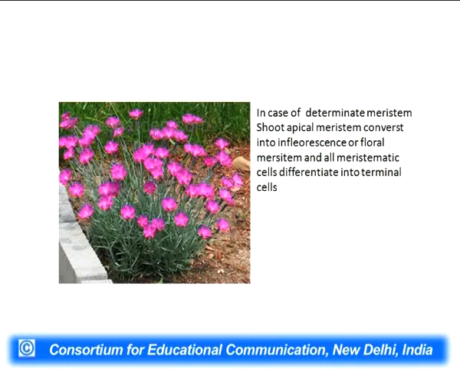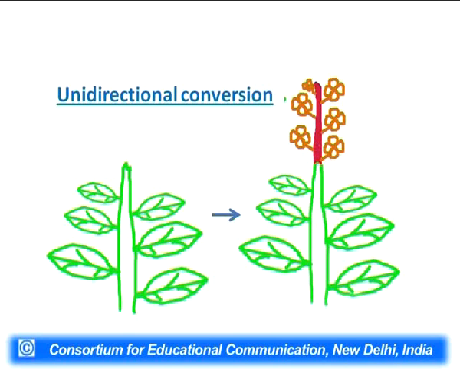In contrast, in an indeterminate meristem, some cells are left aside as a meristem, but they may not ever divide and they may eventually die. For example, a few minutes back I told you this is a unidirectional conversion, where a vegetative stem will convert into a reproductive stem and give rise to a flower.